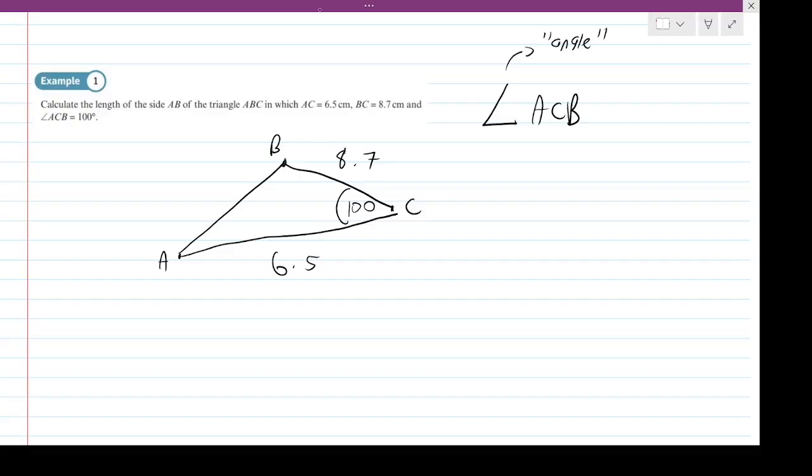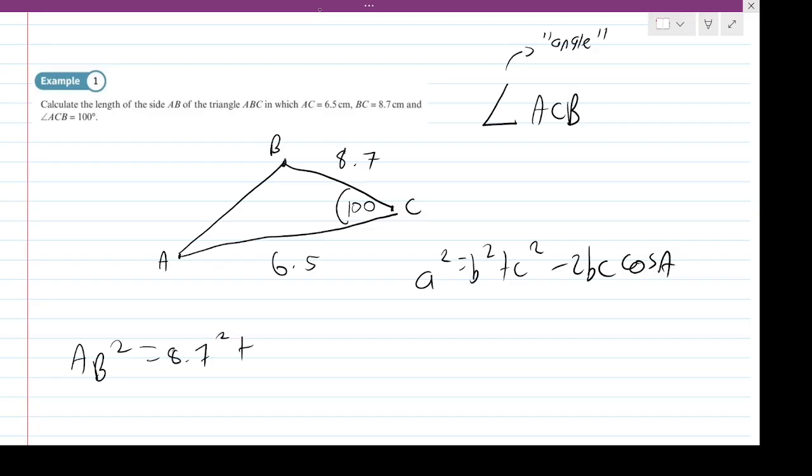So then we need to find AB. Again, we can use the cosine rule because we know an angle and two sides, so we can find the side opposite the angle, AB. Remember the cosine rule: a squared is b squared plus c squared minus 2bc cosine of A. Now, a squared is AB, so that's AB squared, and then b squared is one of the sides, 8.7 squared, and c squared, the other side, is 6.5 squared.